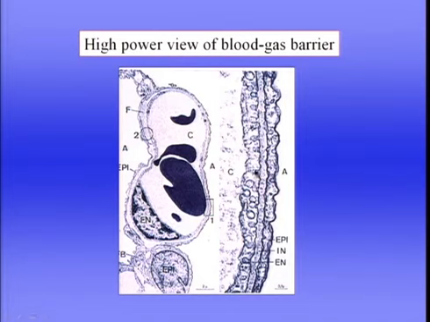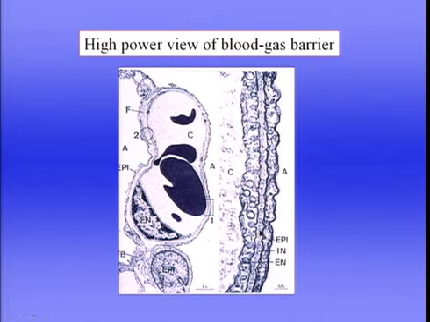What's interesting about this is that in addition to the alveolar epithelial layer here, the endothelial layer here, and the capillary lumen here, we can clearly see the extracellular matrix, or the interstitium as it's sometimes called. And if you look carefully, you can see an electron-dense band right in the middle of this extracellular matrix.